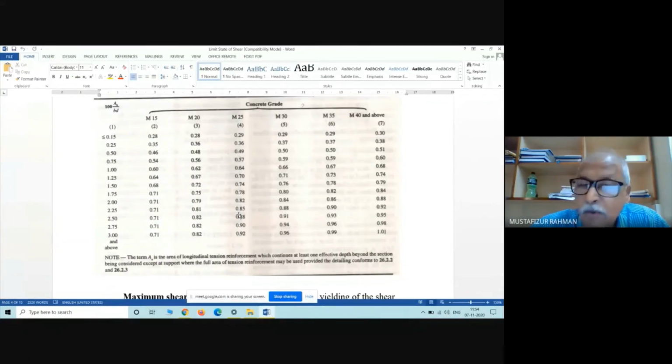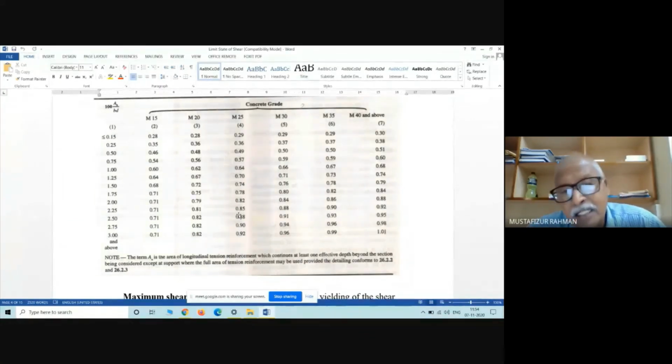You will not be able to purchase, you will be required to borrow 10 rupees from somebody. So here also think. The difference between tau V and tau C is the stress for which we require shear reinforcement. This part I will talk about later.